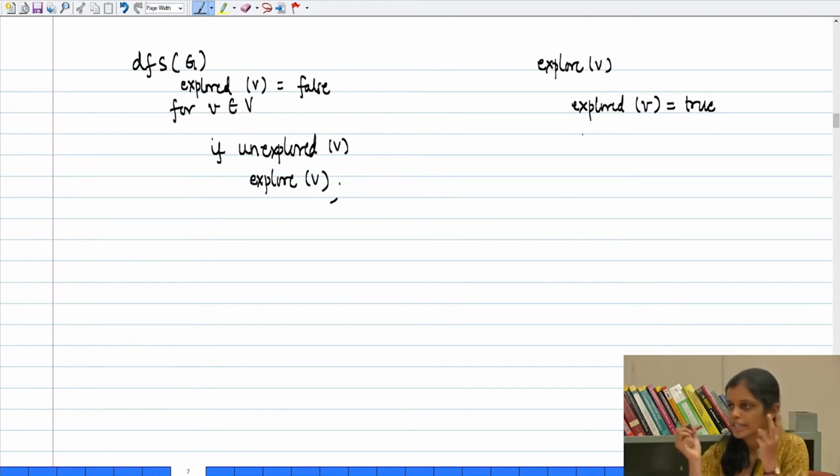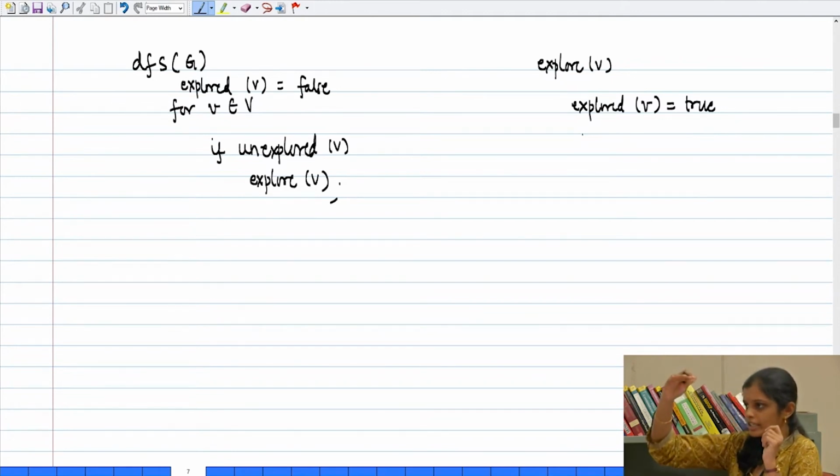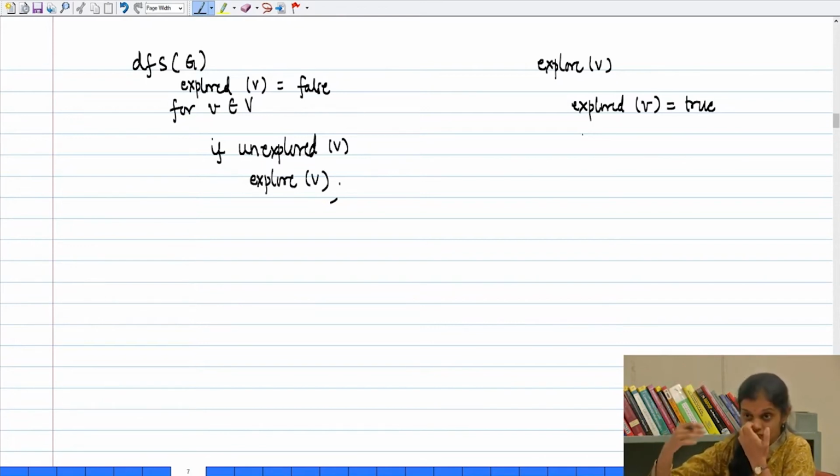So, every vertex will get exactly two distinct numbers. Think of a clock ticking. The clock has been set to 0 or 1, and every time you give a number, the counter goes ahead, and you give the next number that is available.